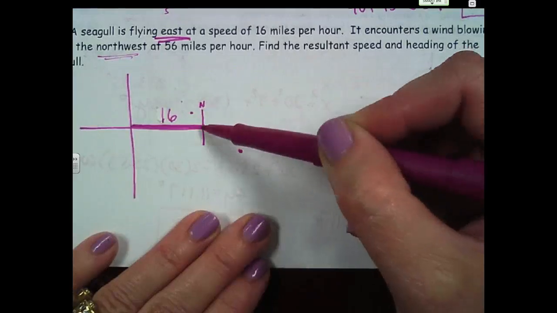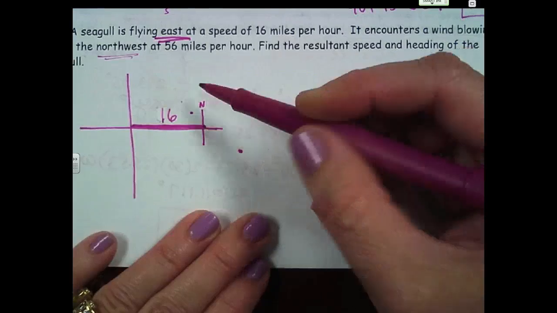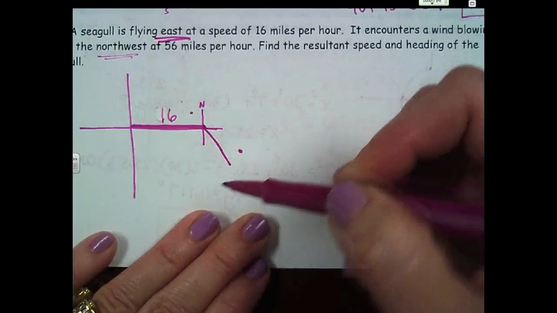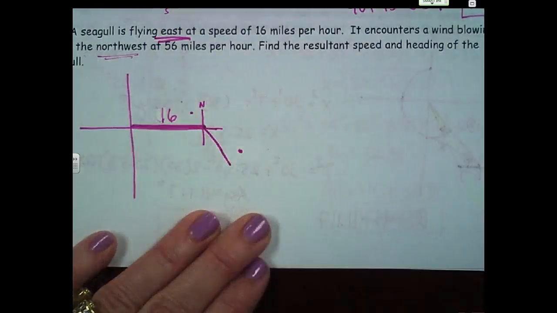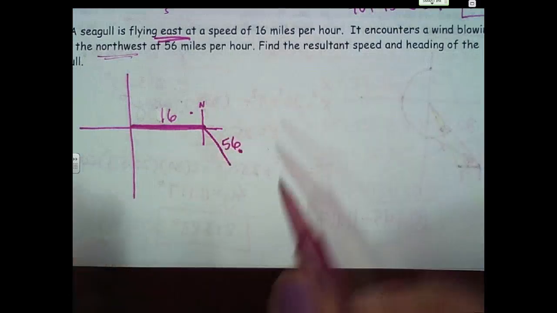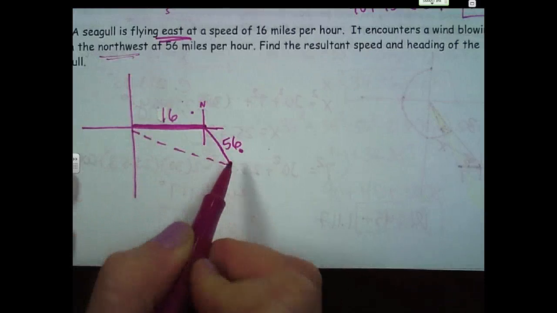So put your finger on the end of the seagull, which will be here. And if you're going north from the northwest, you're actually going to go this direction, which is kind of strange. And the wind is blowing 56 miles an hour, really fast. Which puts the seagull on a different course of here.